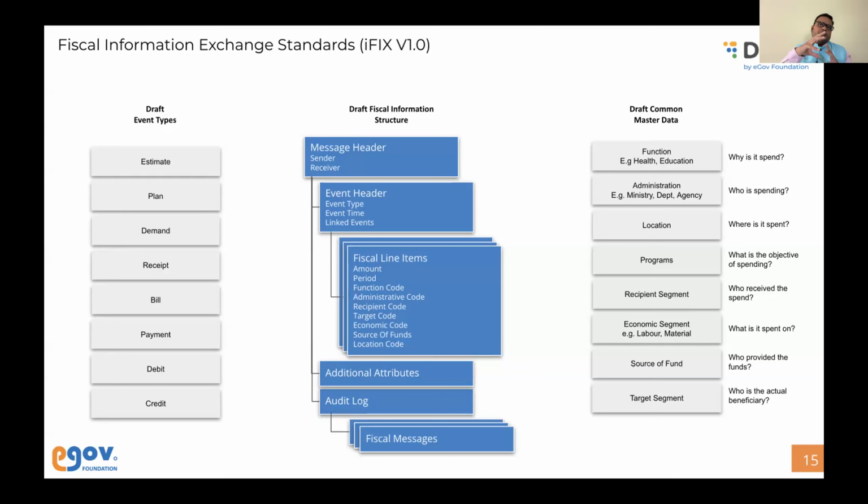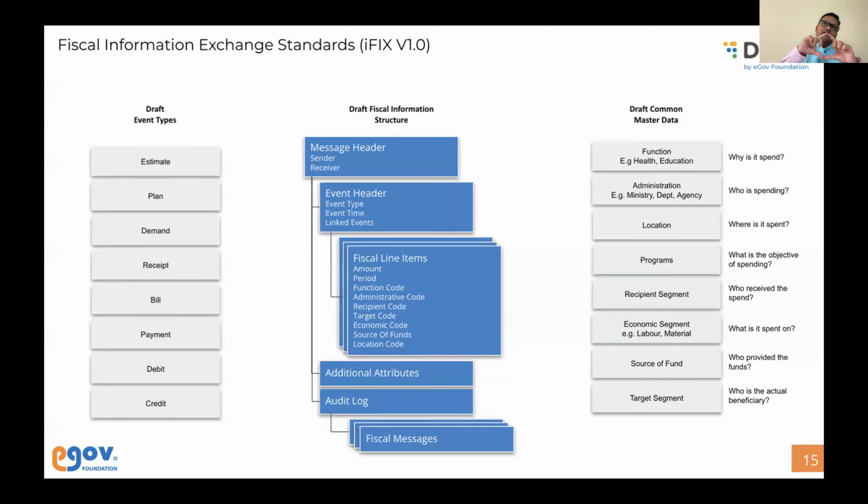It can also be followed up with additional attributes, but the idea is, depending on the agencies between whom the information is being exchanged, we have a common set of attributes that have to be followed, but there's also a possibility of having additional attributes if available with the department that is generating or sharing the information with the other department. It also has an audit trail and any other fiscal messages that can go along with it.